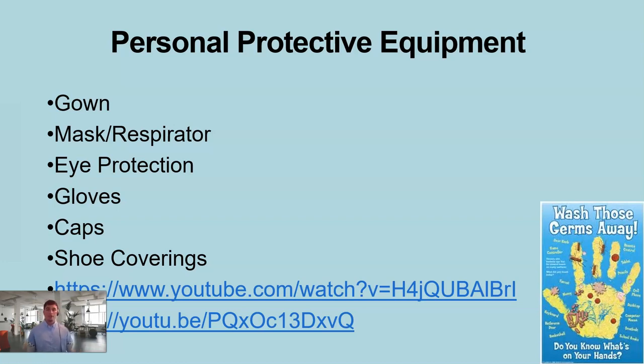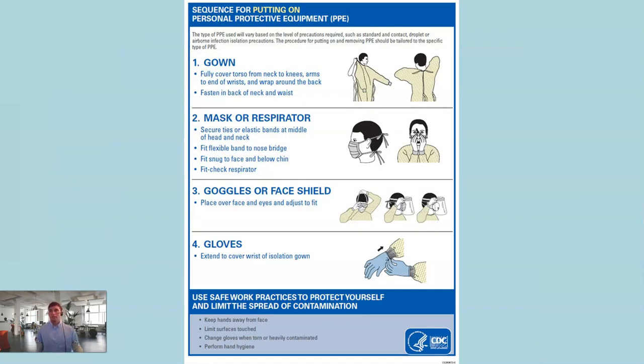And here are some really good videos you can watch that talk about donning and doffing and other information for PPE. This is a good visual aid that goes through donning PPE before contact with the patient, generally before entering the room. You want to use it very carefully because if used improperly, you can actually spread contamination.